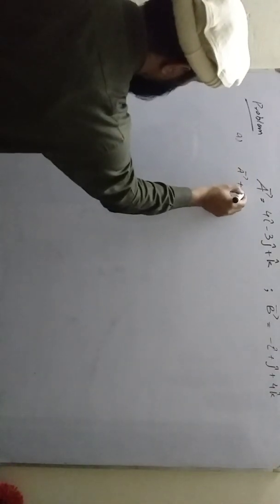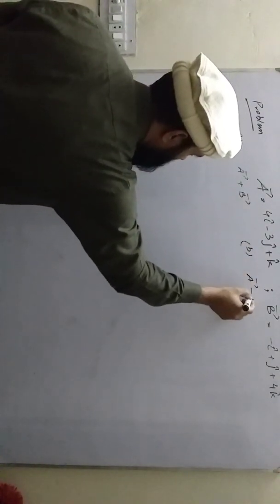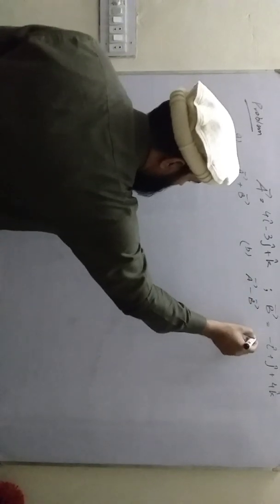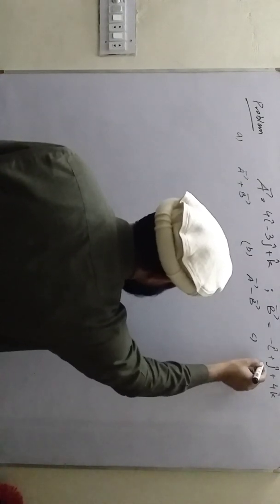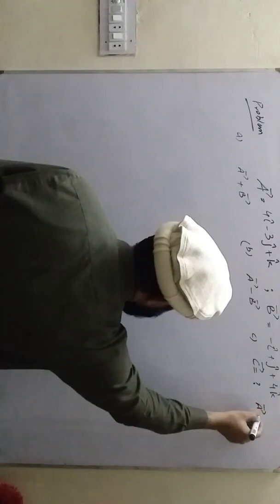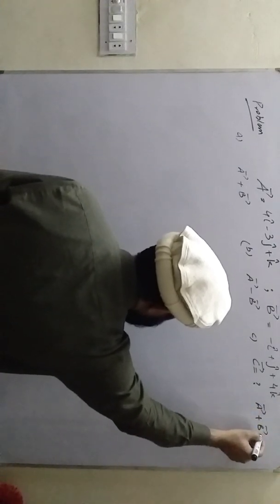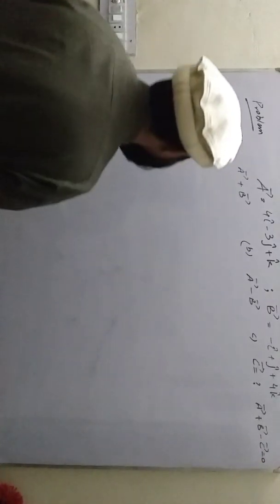In part A, we have to find A plus B. In part B, we have to find A minus B. In part C, we find the vector C such that A plus B minus C equals 0.